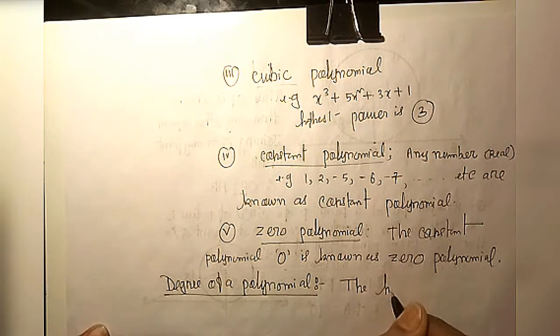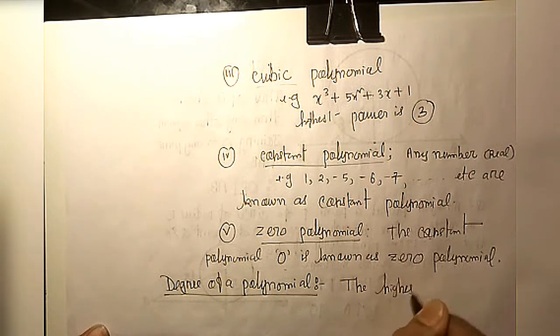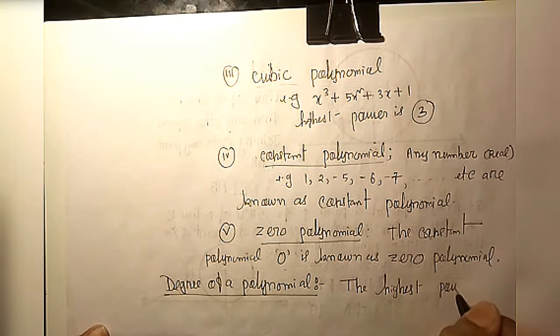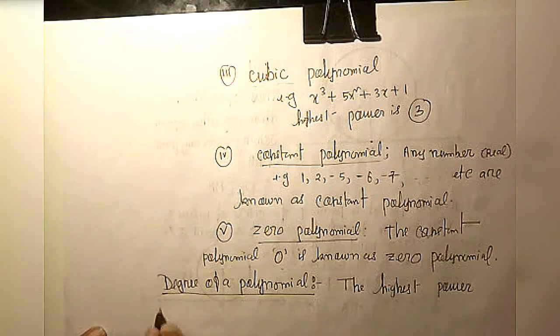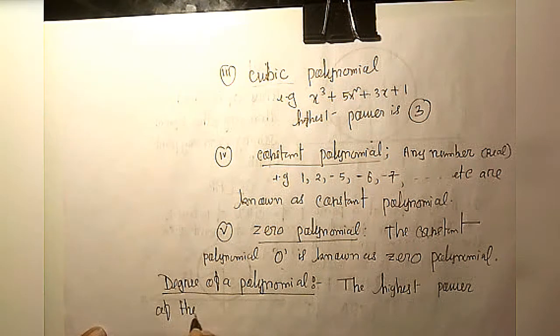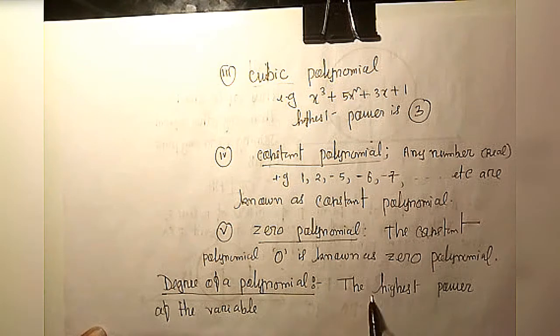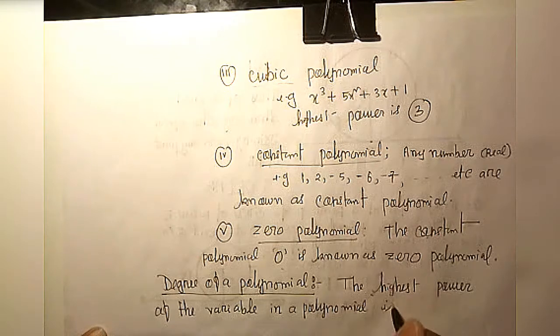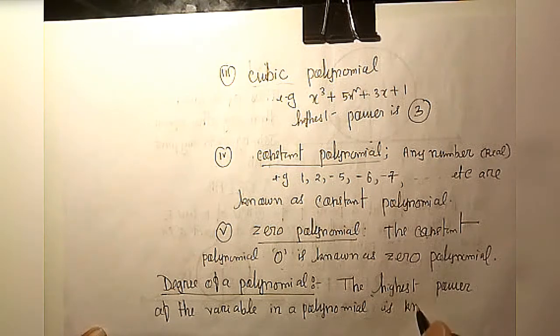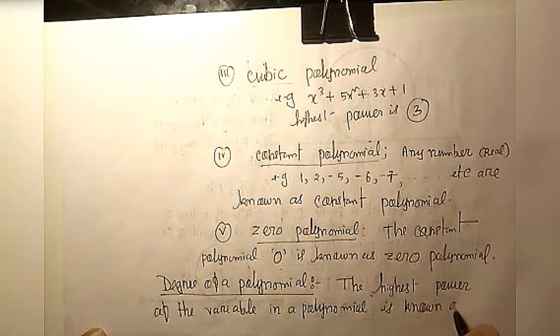The highest power of the variable in a polynomial is known as the degree of the polynomial.